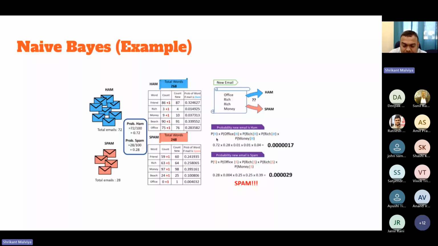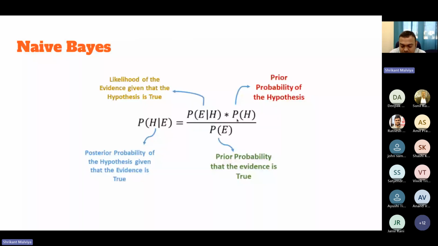So the probability of this email belonging to the ham class is estimated like this, and the probability of this new email belonging to the spam class is estimated like this. Let's go deeper into it. There are two terms that we have seen: one is the prior probability, one is the likelihood, and they will be multiplied.